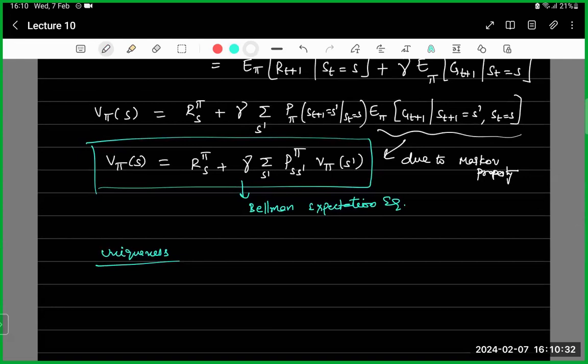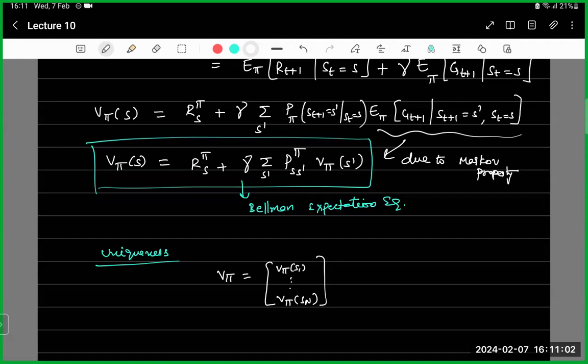Can you write it in Ax equal to b form? Can someone write it and tell me what you will get? Maybe you can just convert this into vector form. You can think of v pi as a vector of v pi of s1, and so on up to v pi of sn, if there are n states. So v pi is a vector which has all the state values.